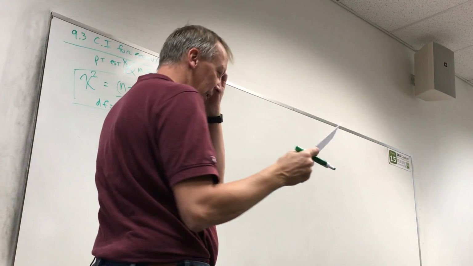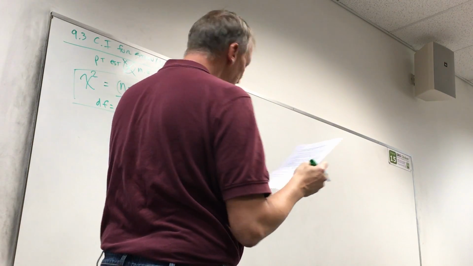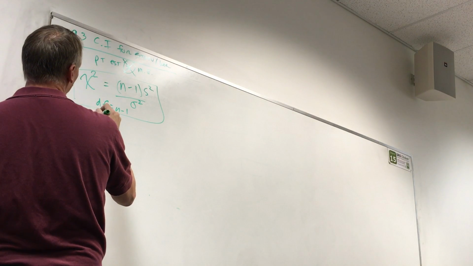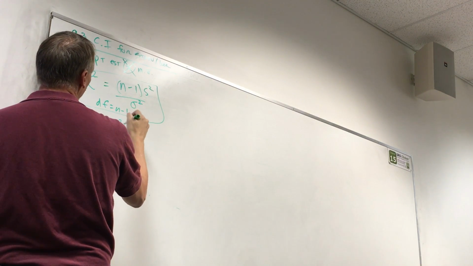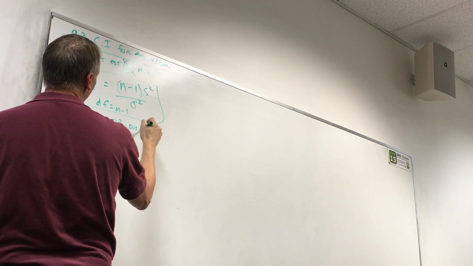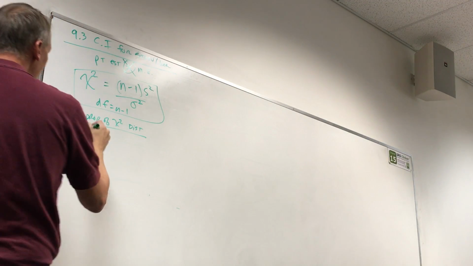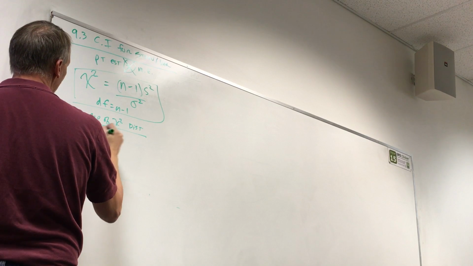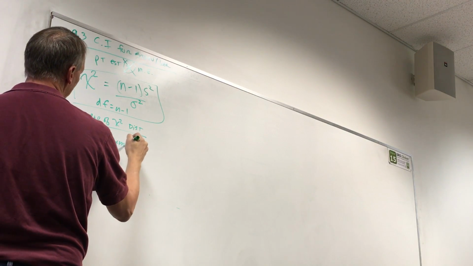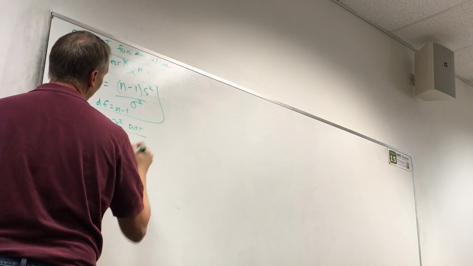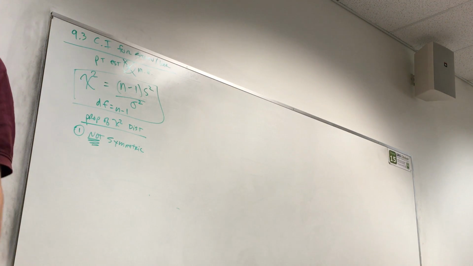Okay, so let's talk a little bit about some of the properties of the chi-square distribution. Number one rule is it is not symmetric. And you guys are going to find out how awful that is in just a few minutes.